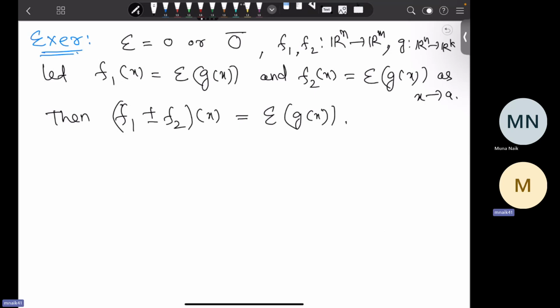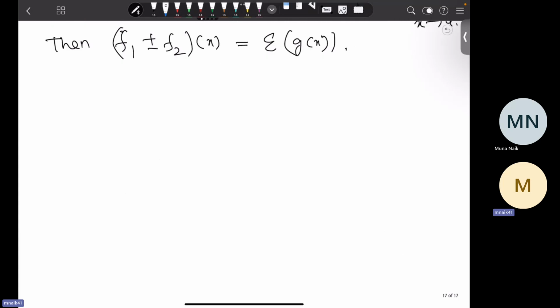So if f1(x) is little o of g(x) and f2(x) is little o of g(x), then their sum f1 plus f2 is also little o of g(x). Similarly, this happens for big O of g(x). This is a small and very easy exercise.